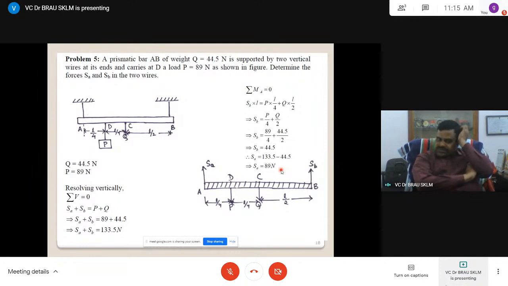Determine the forces SA and SB in the two wires.